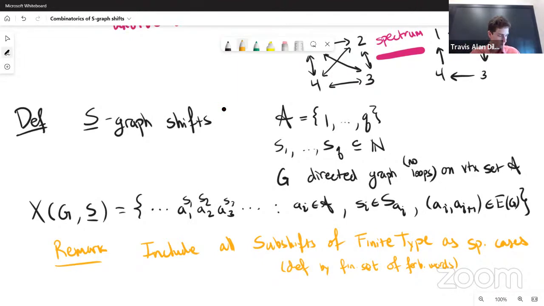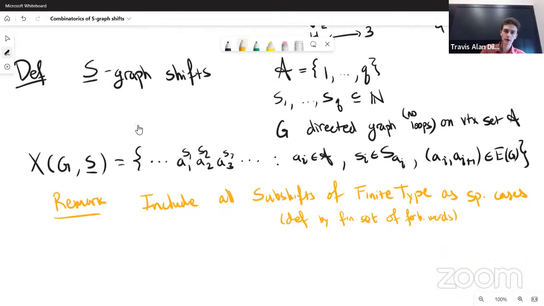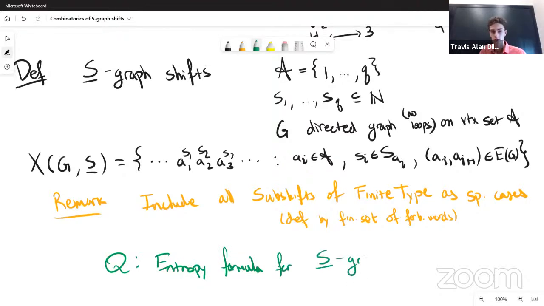So okay, now at this point, I have finally described to you the particular shift space that is introduced in this paper, and the question, given the background that I've talked about, and also the question from Madsen and Sattler's paper, is: is there an entropy formula for this whole class of S graph shifts?